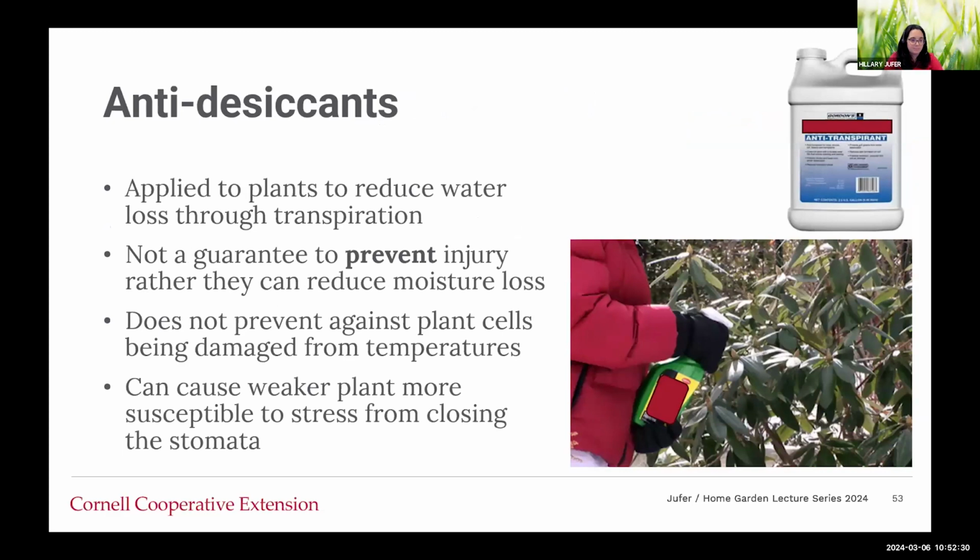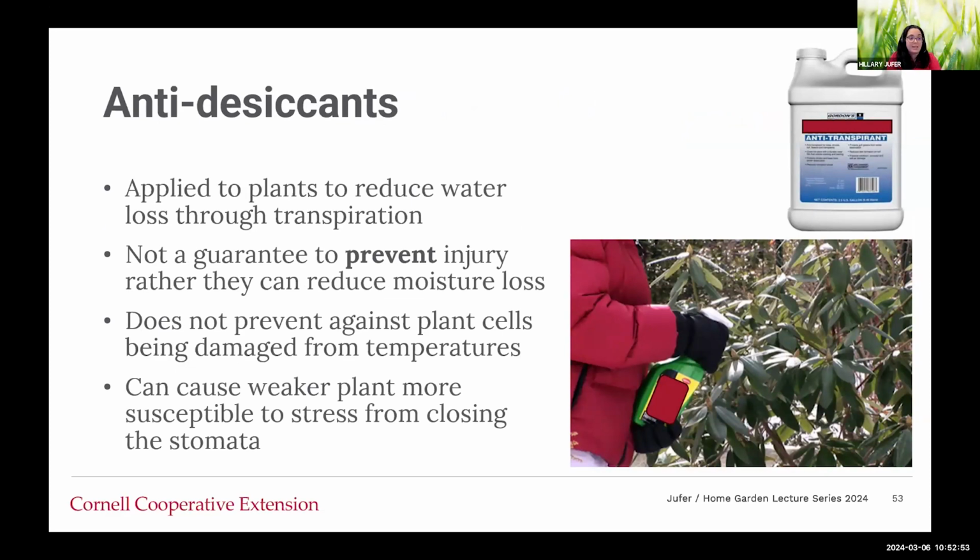One option that has kind of fallen out of favor, but was used quite often in the past, is anti-desiccants. These are applied to plants to reduce water loss through transpiration. This is going to plug those stomata, and that's its main way of working.